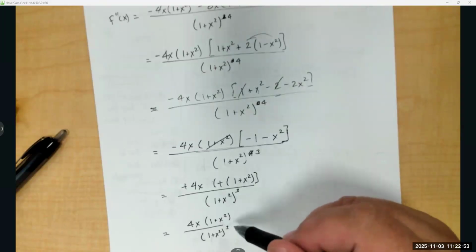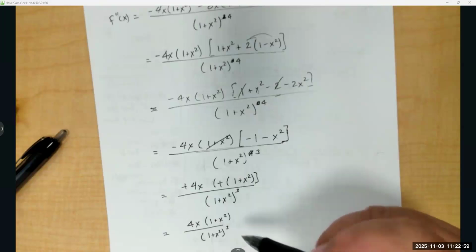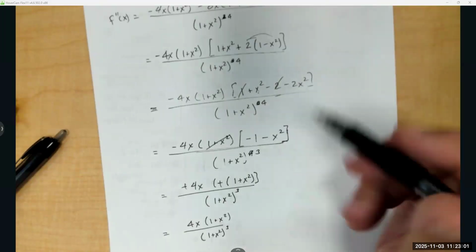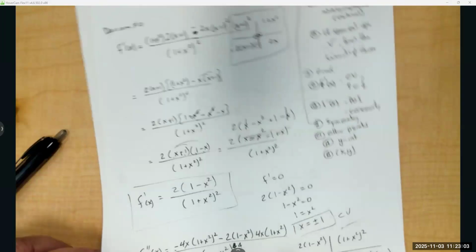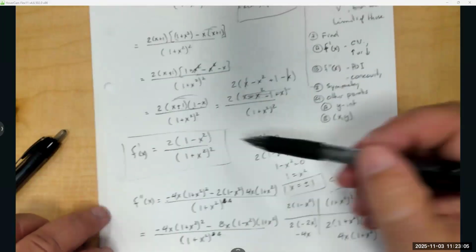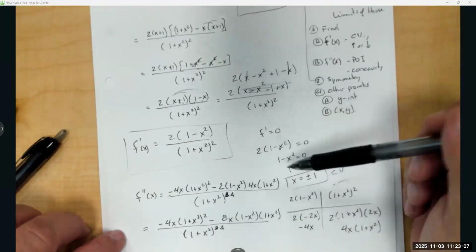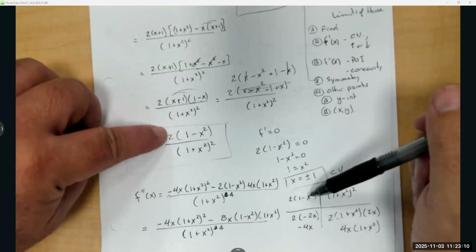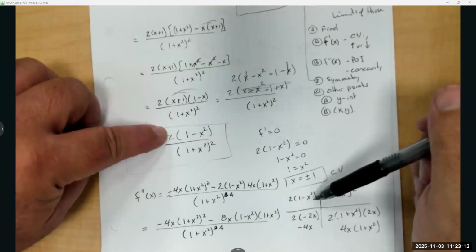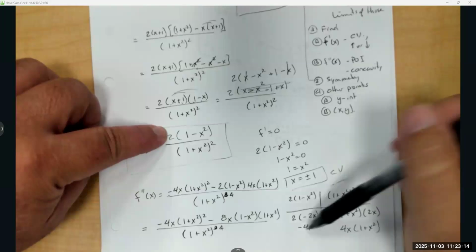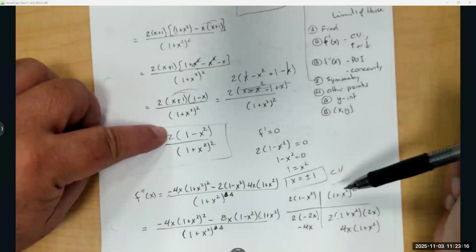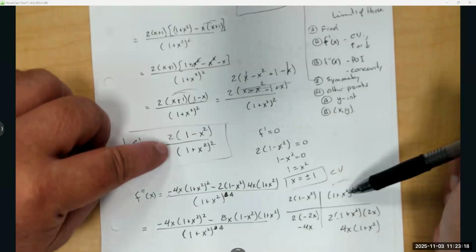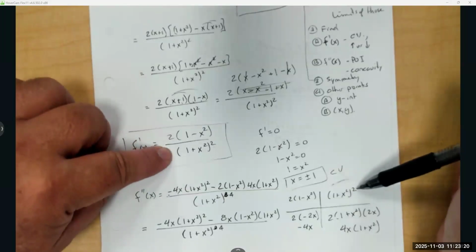Okay, we had that. Let me backtrack again. So 2 times negative 2x, so it's negative 4x. The bottom 1 plus x squared.